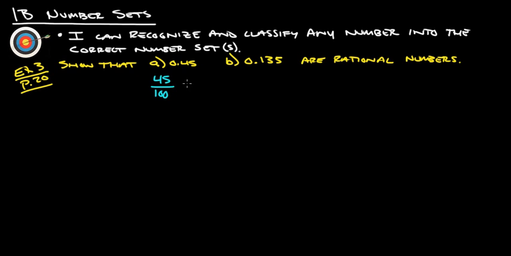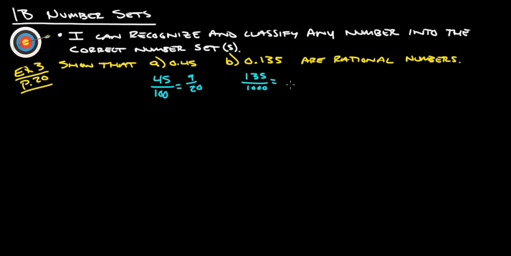What you also want to do with this here is you want to simplify this as much as you can. Both of those are divisible by 5, right? So that's 9 over 20. Okay, so that's even better. So we've shown that this one here is rational. And then 0.135, you can read that as 135 thousandths, right?